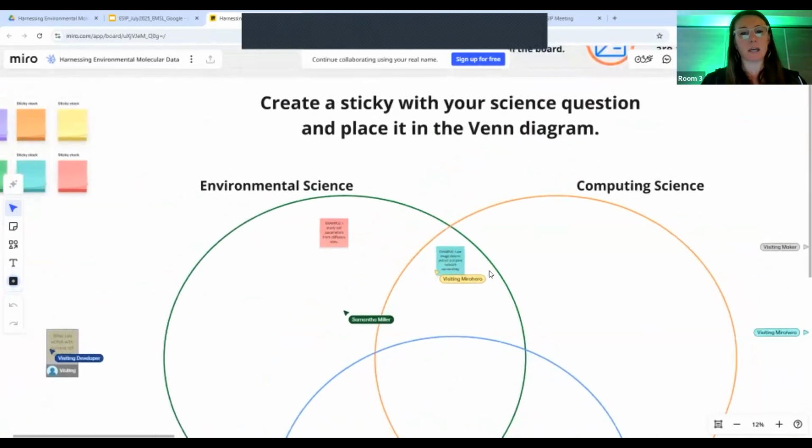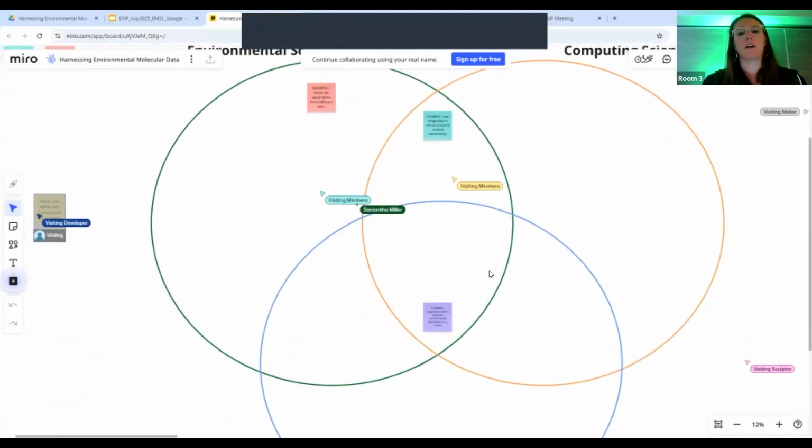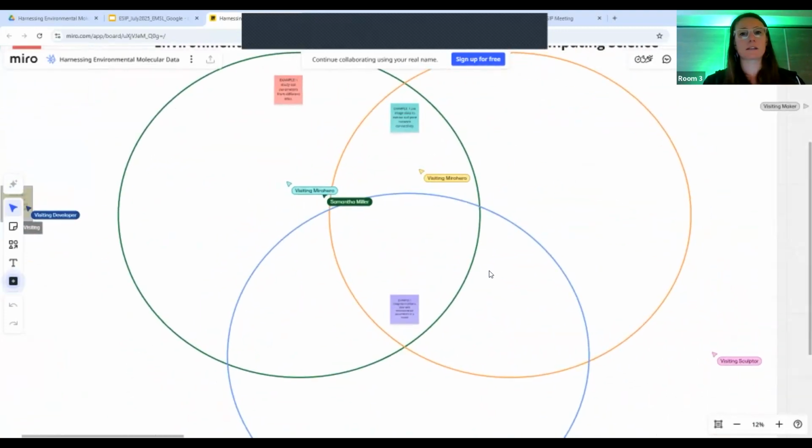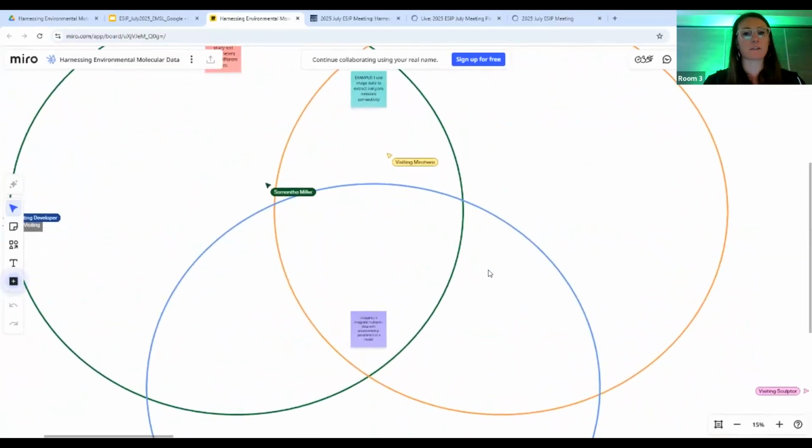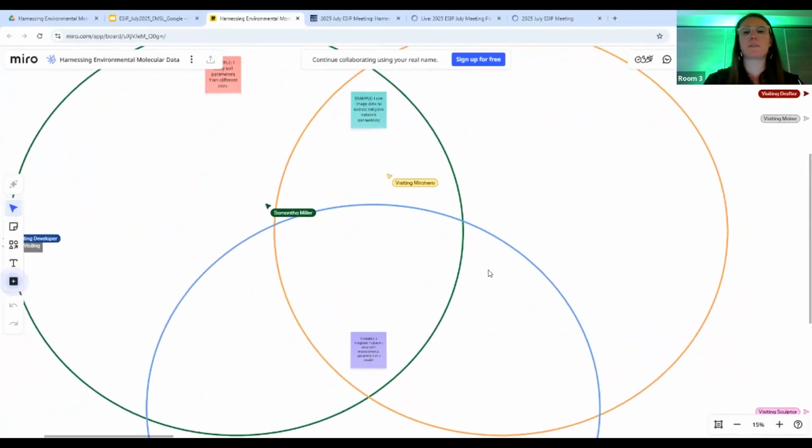Oh, coffee needs to kick in. So we'll give it a few minutes. Just add some stickies and see what people come up with. If your sticky moves, it's because we have shuffled them to group them for reasons that will make sense when we move into the next phase.